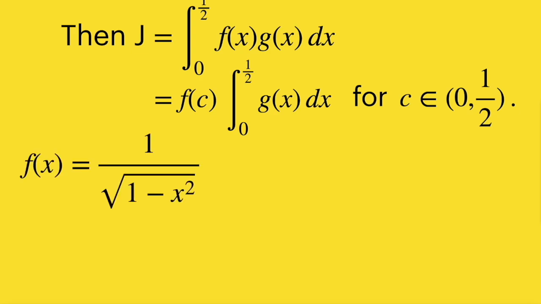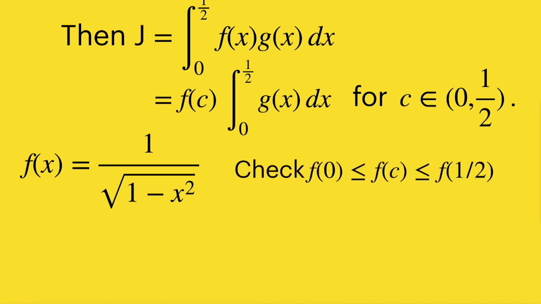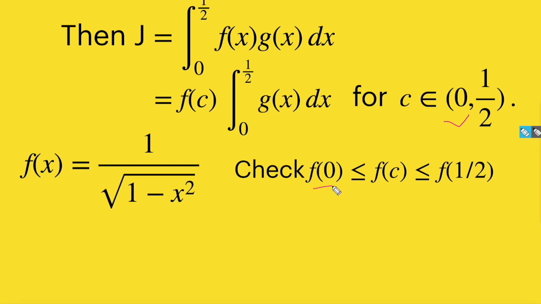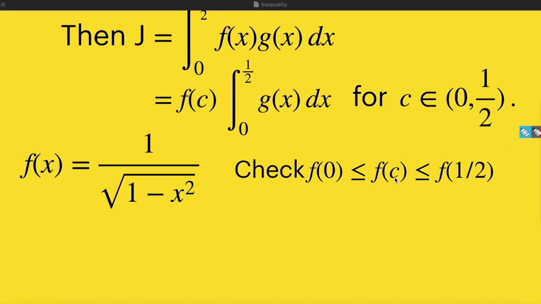Now f(x) equal to 1 over square root of (1 minus x square), we remember, and just check that f(0) is less than or equal to f(c) and less than or equal to f(half), where c is in this interval. You take any c inside this interval 0 to half, then you can check this. Actually this is true for any c here.